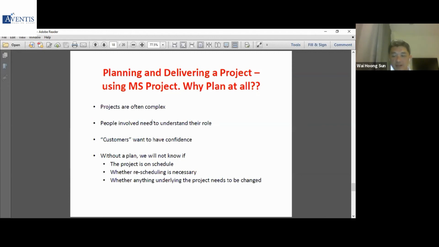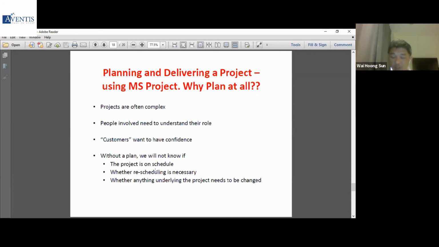So you need to coordinate the people that are working on the projects. And also, by having a detailed plan, you give confidence to your customers, right? If you don't have a plan, the first thing that will occur to you is that you will not know whether you are on track or not. Is the project on schedule or not? Is the project on budget or not?